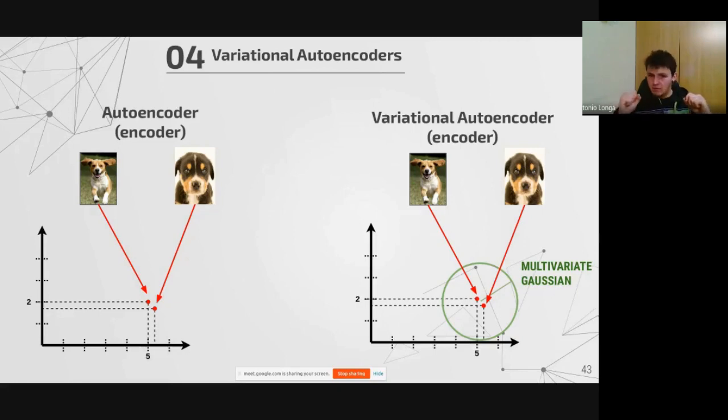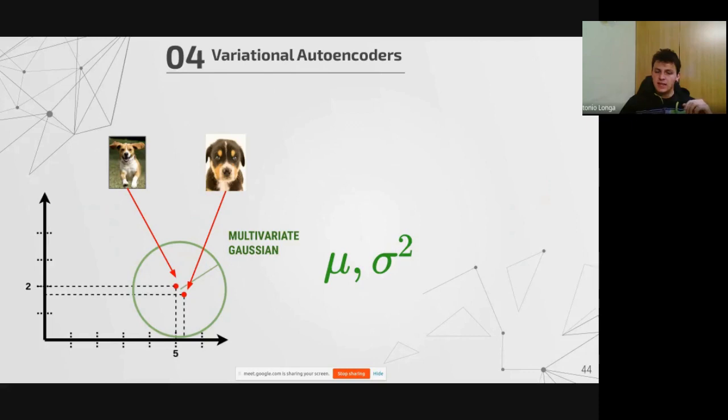Well, instead of moving an image to a specific point, we move it to a multivariate Gaussian distribution. What does it mean? It means that we don't have a specific point like these 2, 5 coordinates, but we have a mu and a sigma squared.